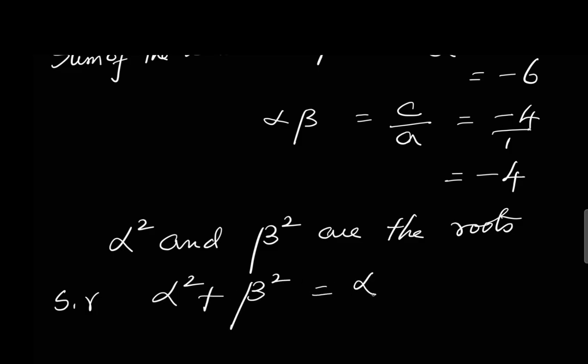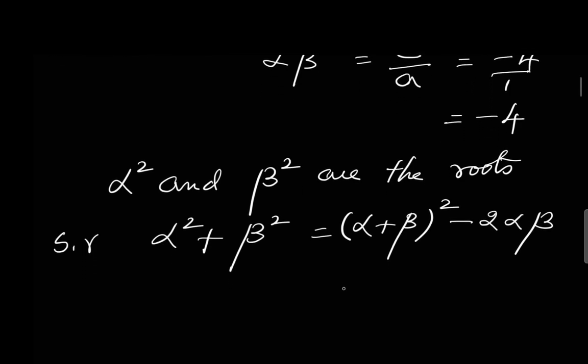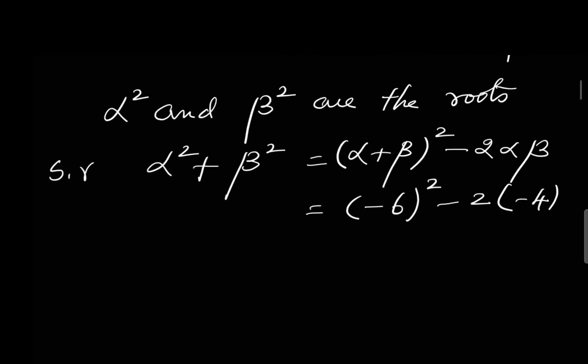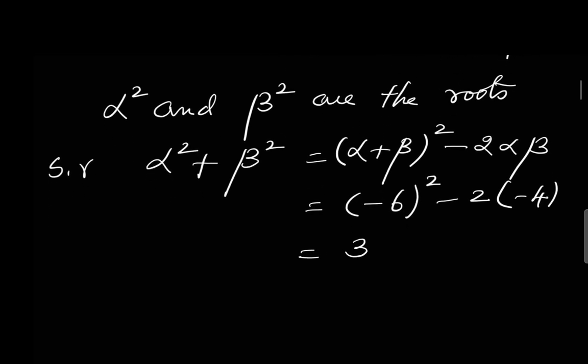So apply the identity formula: alpha plus beta the whole squared minus 2 alpha beta. So what is alpha plus beta? Minus 6 the whole squared minus 2 into alpha beta, which is minus 4. Minus 6 squared is 36. Minus into minus plus, 4 2s are 8. That is equal to 44.